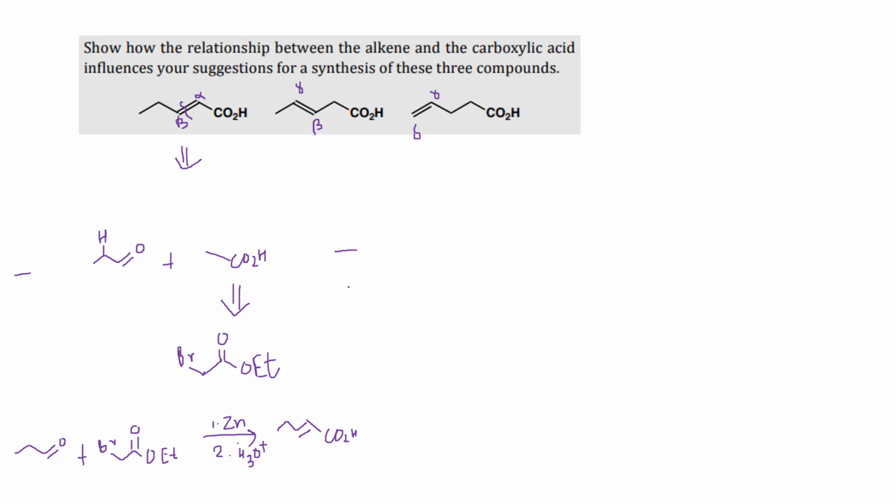Now the next one is beta gamma. This is a bit difficult because there is a high chance of this double bond to shift to this place to get in conjugation with this acid.